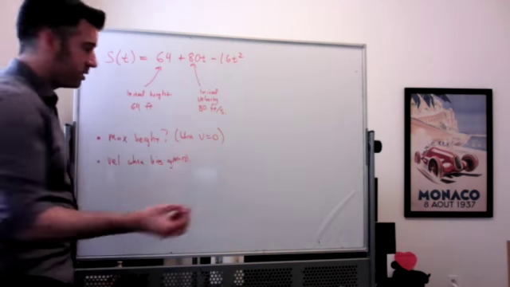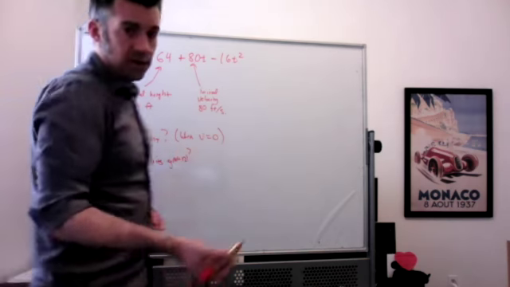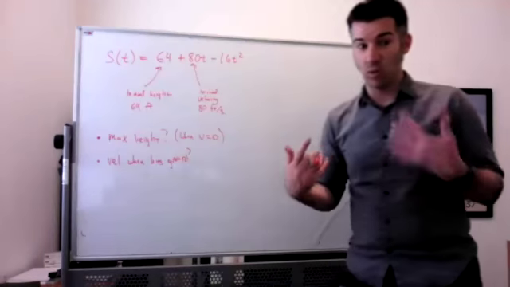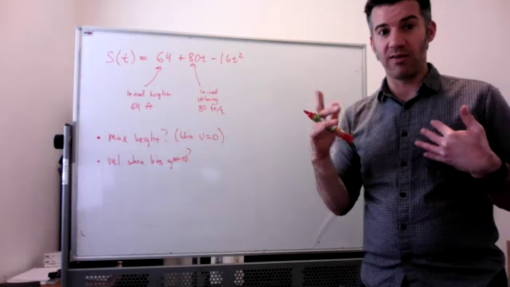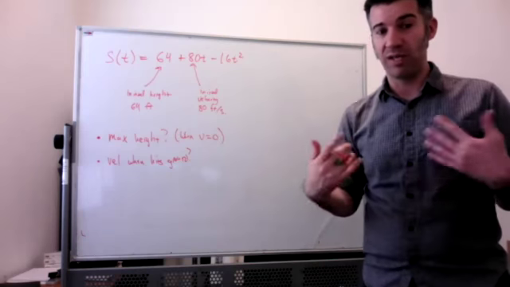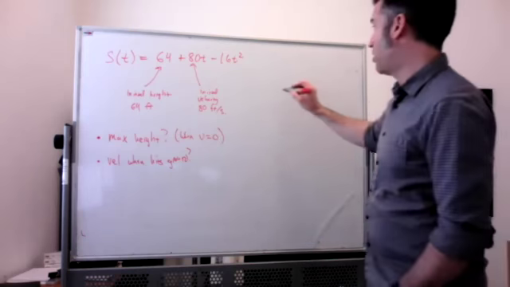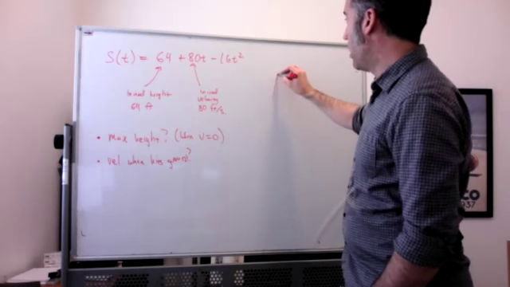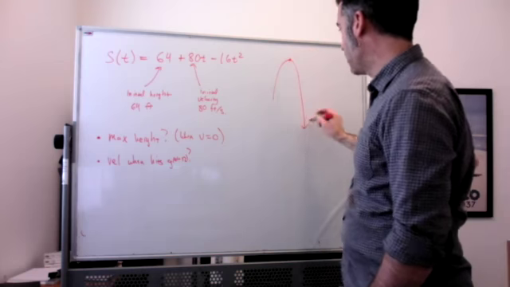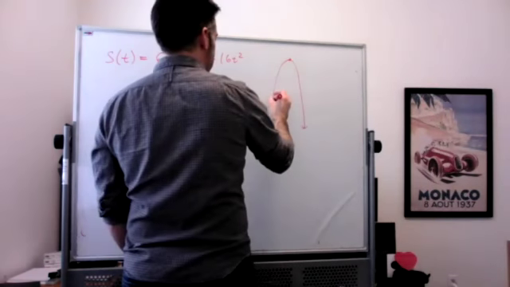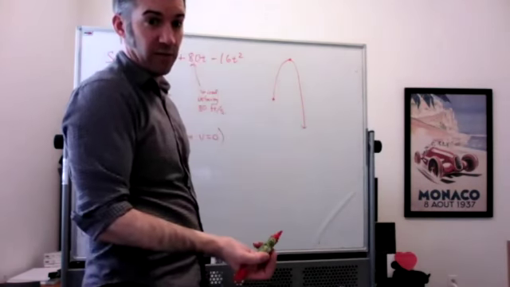So here's the thing we need to be aware of. Velocity is speed and direction, meaning we have to think about it: if the ball is going one way, the velocity is positive. If the ball is going the other way, it's negative. So the ball goes up and then reaches a maximum and then starts going down. On the way up, right here, the velocity of the ball is 80 feet per second.